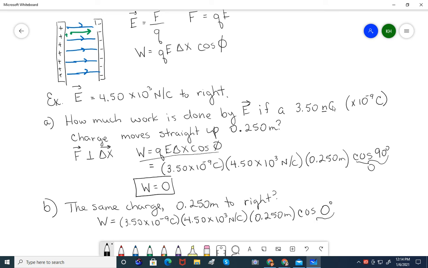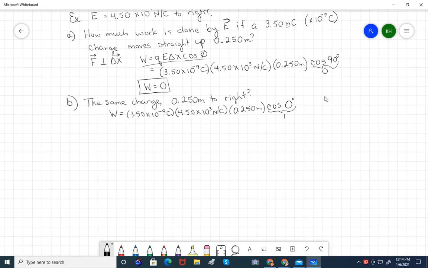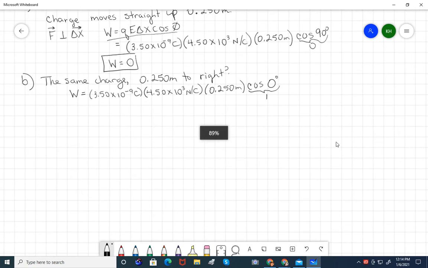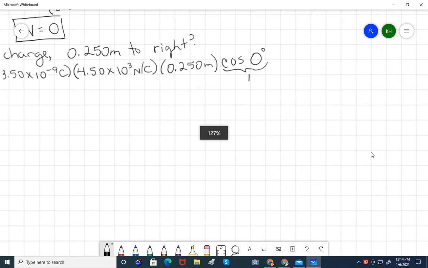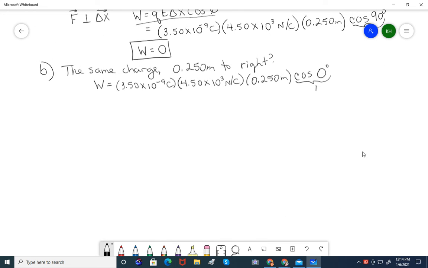Well, cosine 0, you recall, equals 1. Put all of this in my calculator very carefully, and that came out to be 3.94 times 10 to the negative 6 joules.